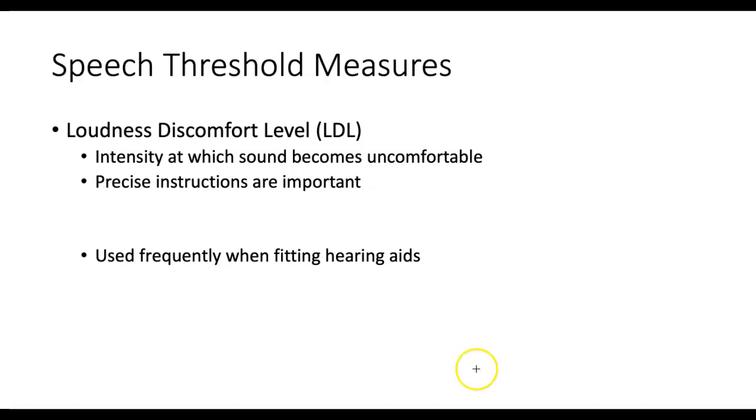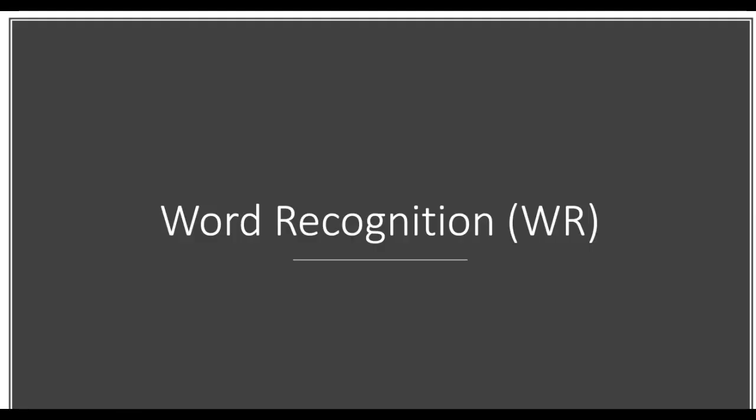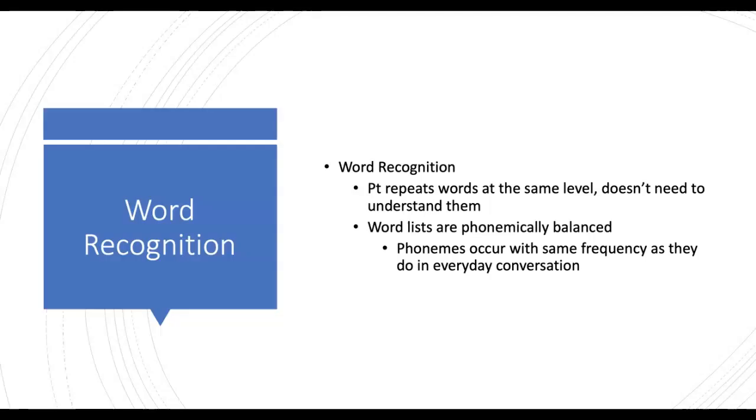Let me see if I can move on to the next slide. So word recognition scores, or word recognition testing, this is where we set the intensity to a comfortable level. There are word lists that we use. They're phonemically balanced.